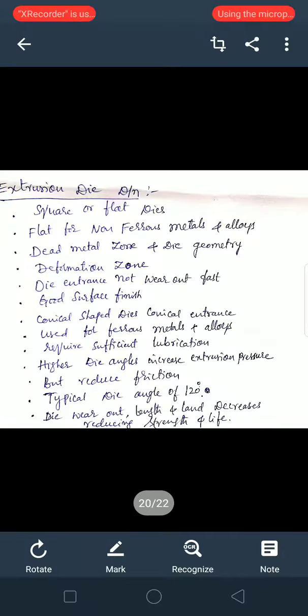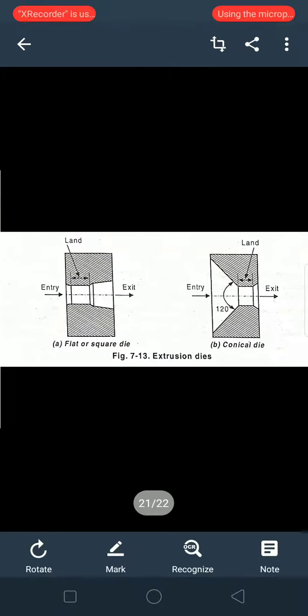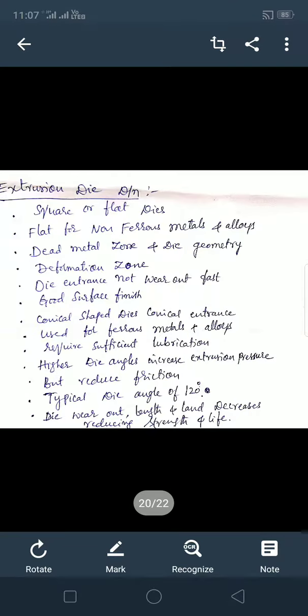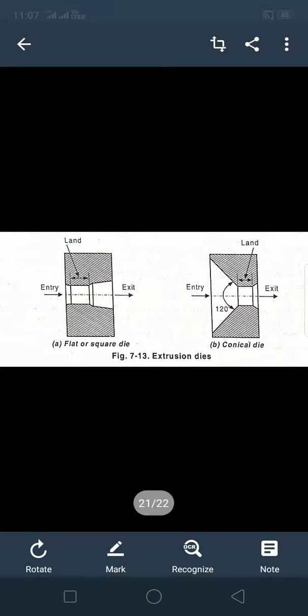Then coming to the extrusion die design. There are two types of dies generally used in the extrusion process. These are illustrated here. One is a flat or square die, and another one is a conical die. Square or flat dies, shown in the figure, are used for extrusion of non-ferrous metals such as aluminum and copper.